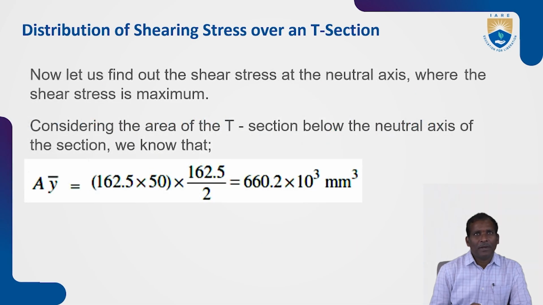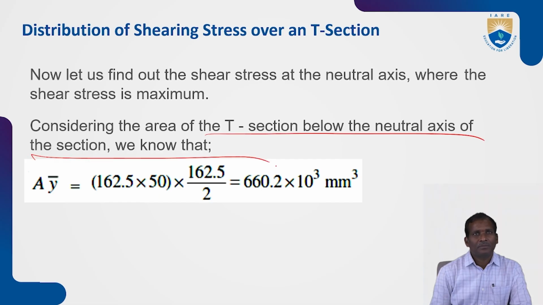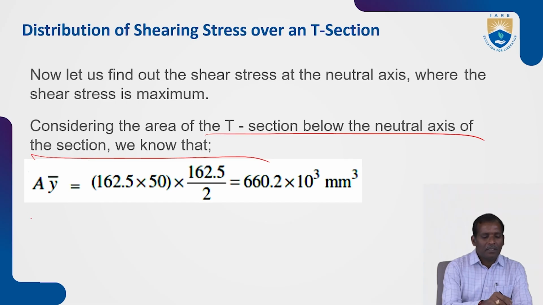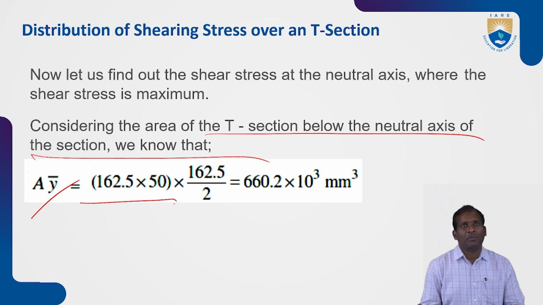So now let us find out the shear stress at the neutral axis where the shear stress is maximum. So considering the area of the T section below the neutral axis of the section, that is A y bar is equal to 162.5 multiplied with 50.